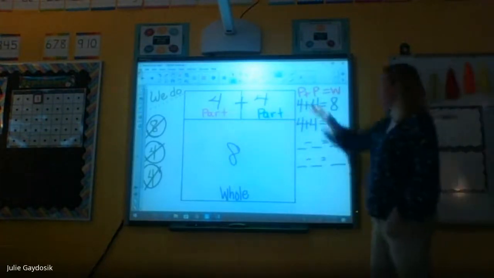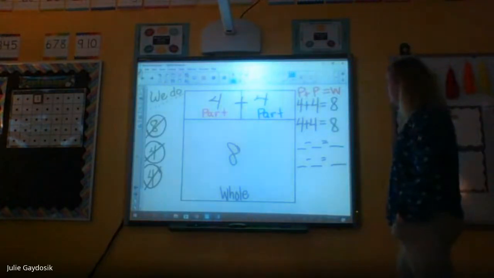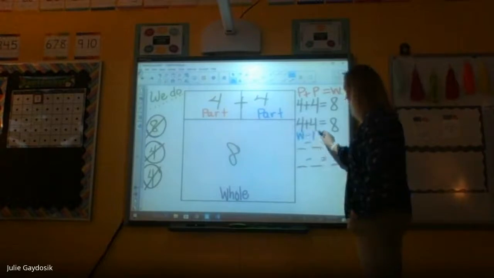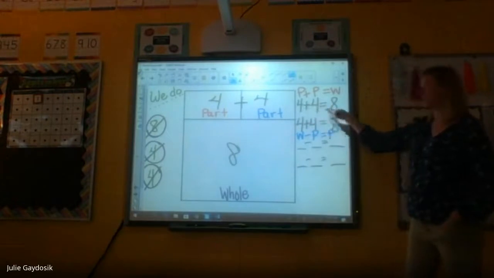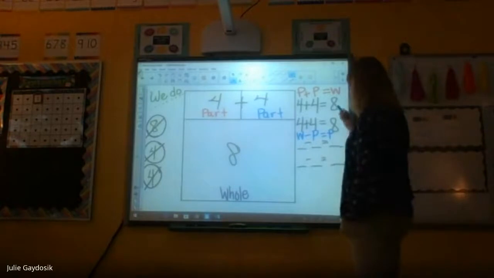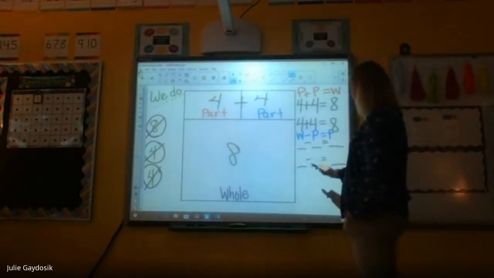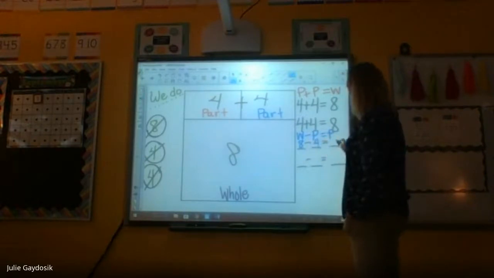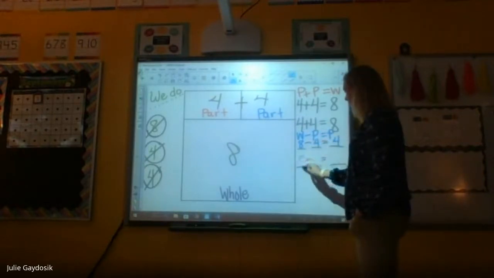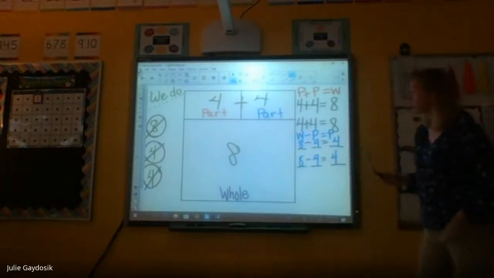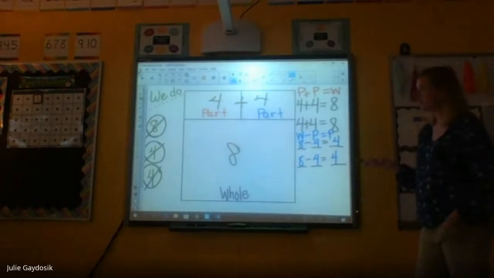But in a subtraction equation, it is whole minus part equals part. Because you couldn't take 4 minus 4 to equal 8, because 4 minus 4 would be 0, right? So you need to take the whole. What's our whole number? That's right, it's 8 minus 4 equals 4. And you would do the same thing, 8 minus 4 equals 4. So that's how I would write the equations for that one.